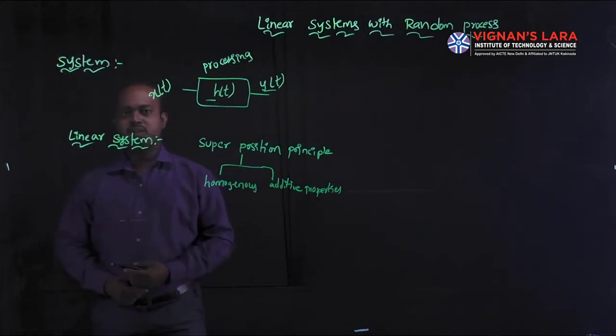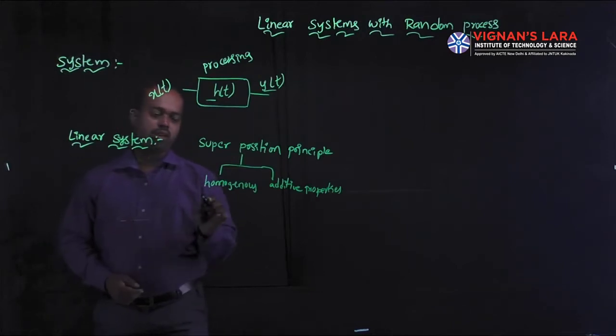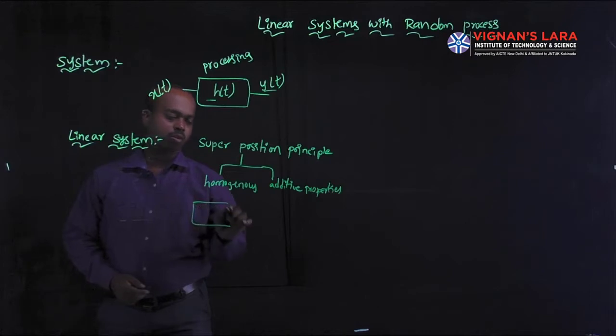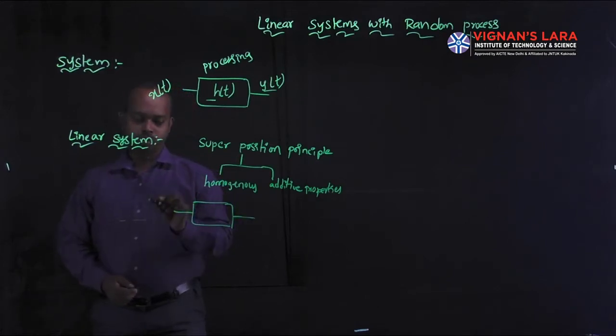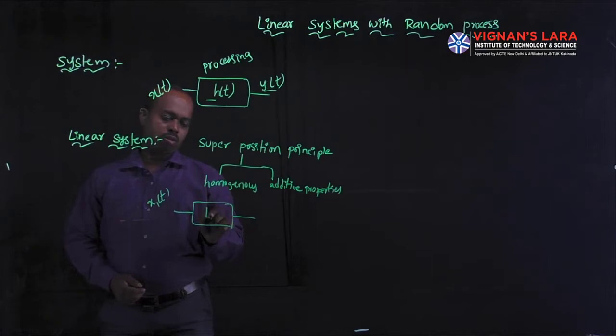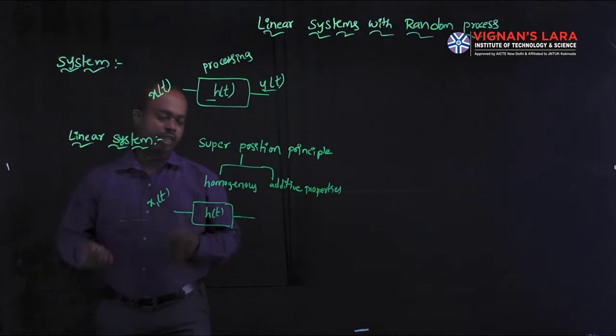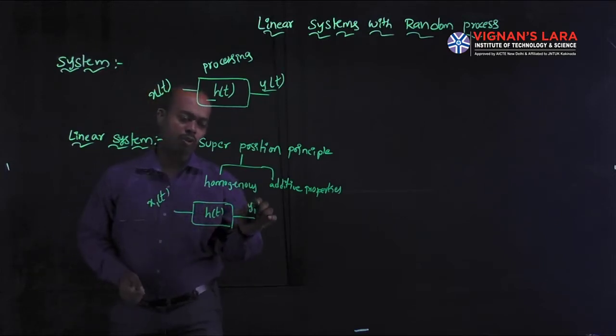Suppose we consider this system. For the system I assign one input, x1 of t. The system function is h of t, and when I apply x1 of t, it delivers the output y1 of t.